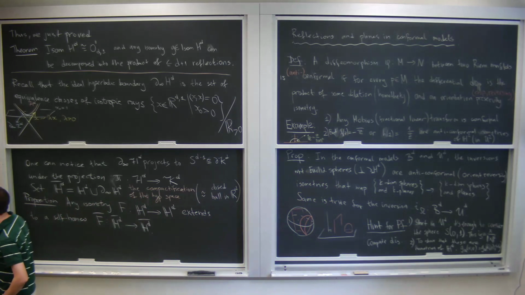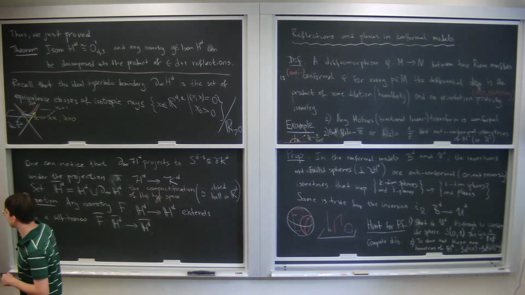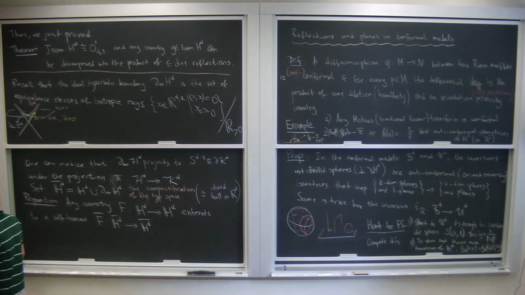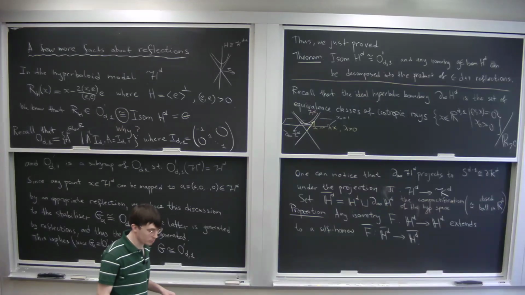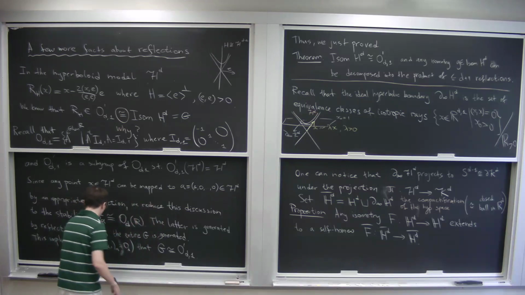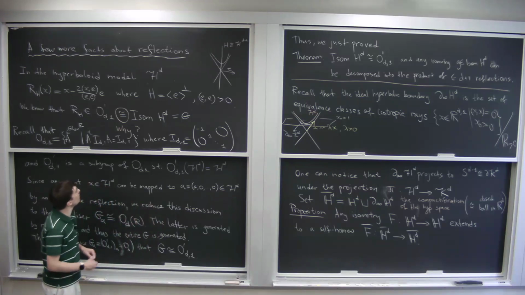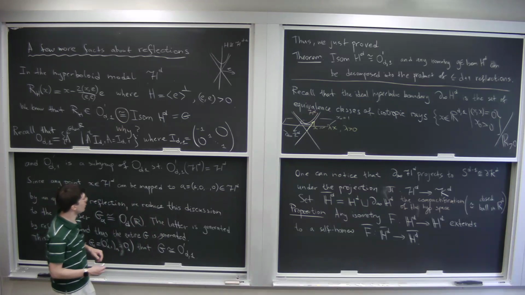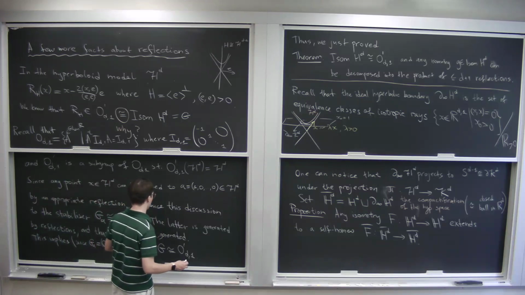We know that the stabilizer of G is like O'(d,1) on A. Maybe let's actually record this. I will show it on the board. You can just look at the matrix.